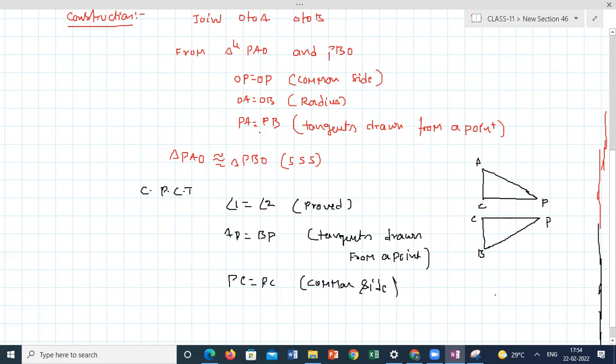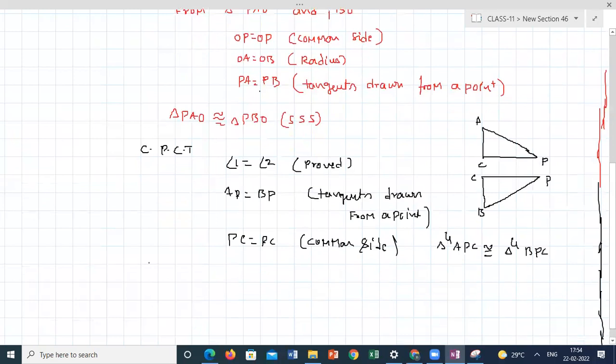So from here, I can say triangle APC is congruent with triangle BPC. So from CPCT, which rule here? Here it is SAS rule, side angle side.